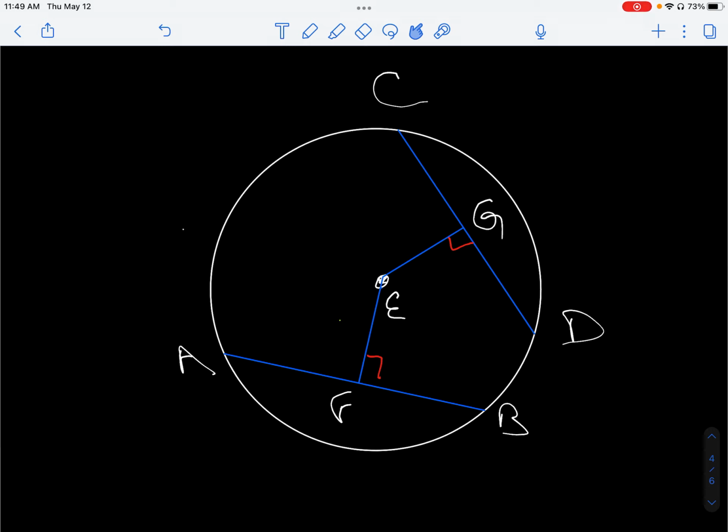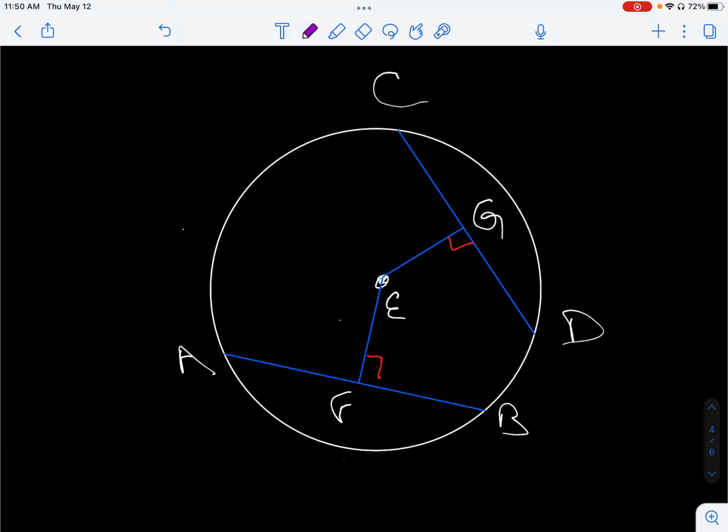What else do we know about chords and circles and things in general? So here we have a circle with two chords, AB and CD, and as we can see, they both have right angles to the center. And we measure everything from a point to a line at a right angle, so it's the same all the time.